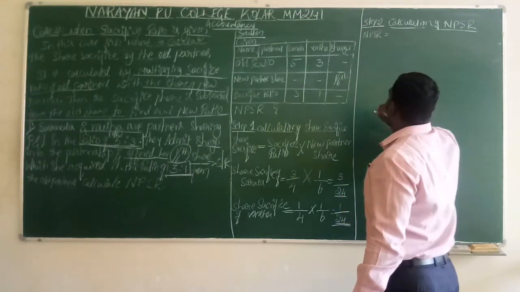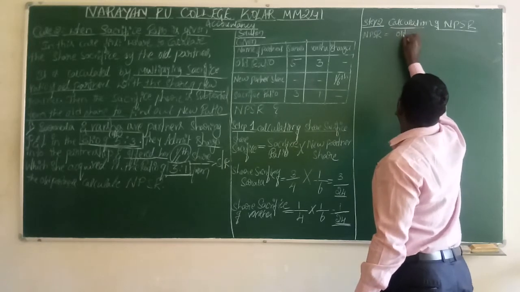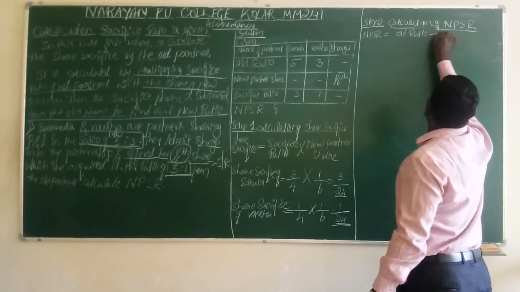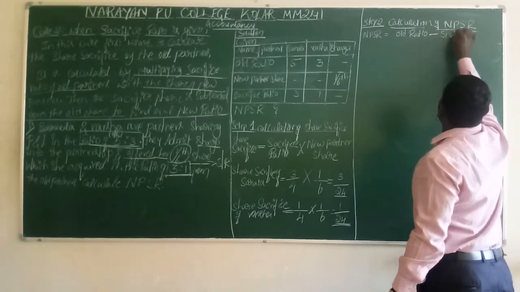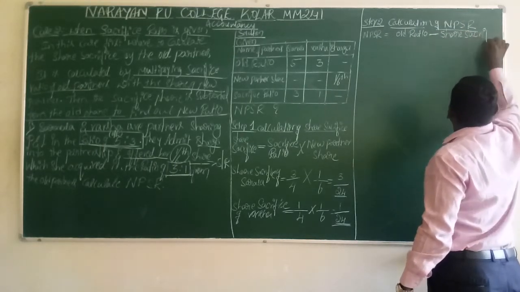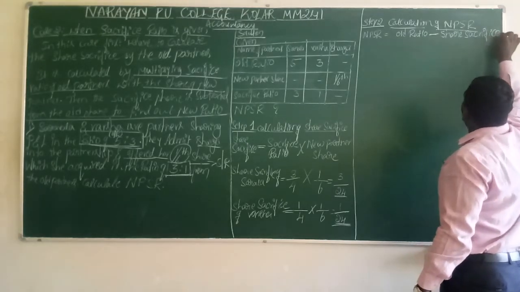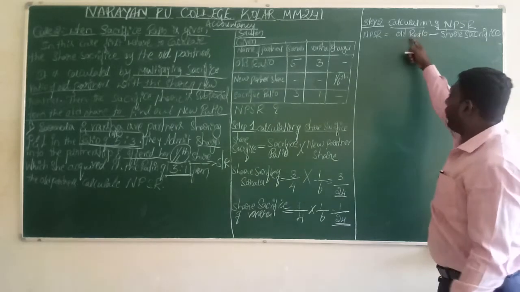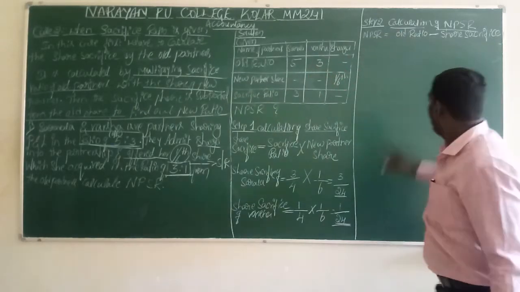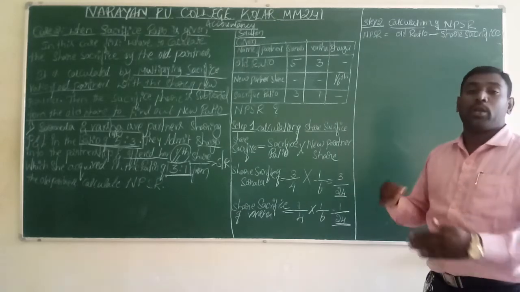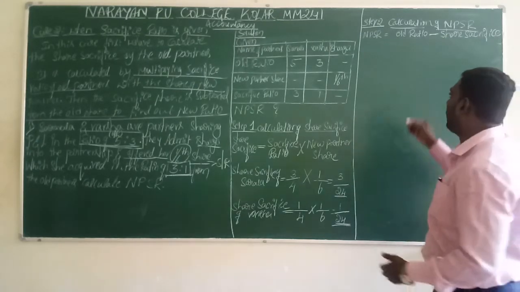NPSR is equal to, the formula is, old ratio minus share sacrifice. Here the old ratio is available, and the share sacrifice we calculated in step number 1. Now we have to implement that formula.